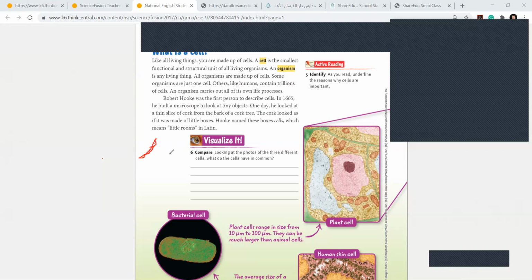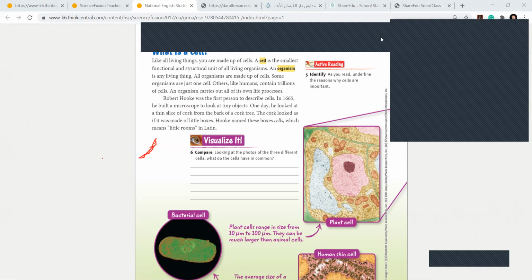If you look carefully, you have layers. So those are tissues which were made from cells. Anyways, come back here. The cork looked as if it was made of little boxes. Who can name these boxes? Cells, which means little rooms in Latin. He called them cells, that means little room in Latin. It's a Latin word, okay?